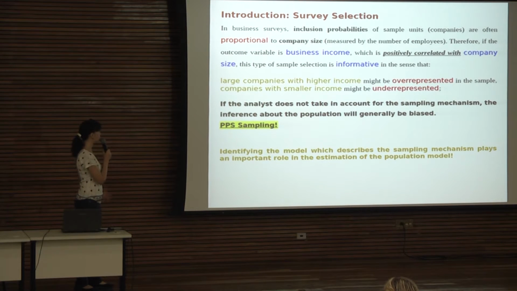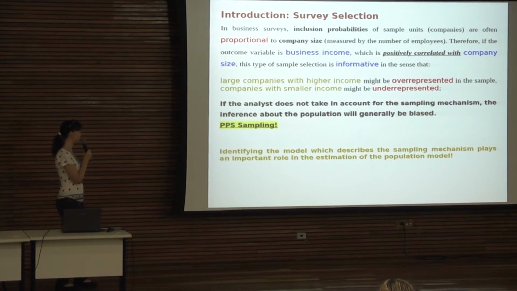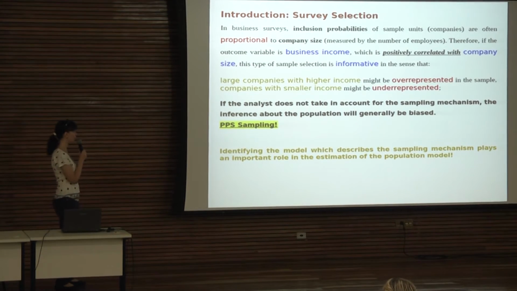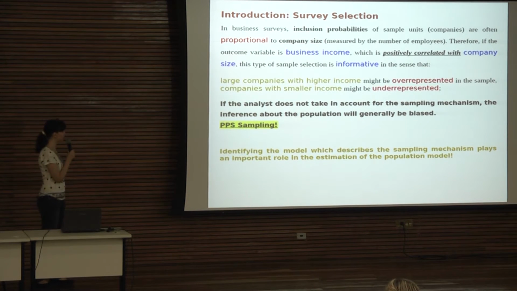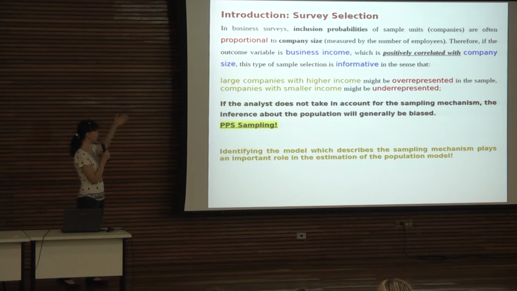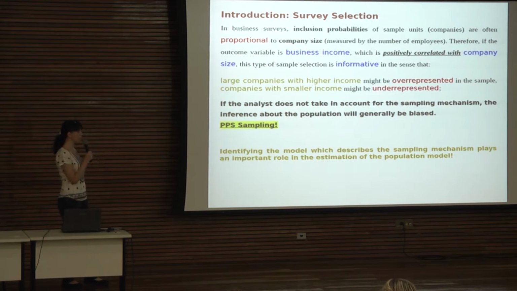Therefore, if the outcome variable is business income, which is positively correlated with the company size, this type of sample selection is informative in the sense that the large companies with high income might be overrepresented in the sample, while the companies with smaller income might be underrepresented. In this case, the design variable is company size. The outcome variable is business income, and the design variable company size is correlated with the business income.